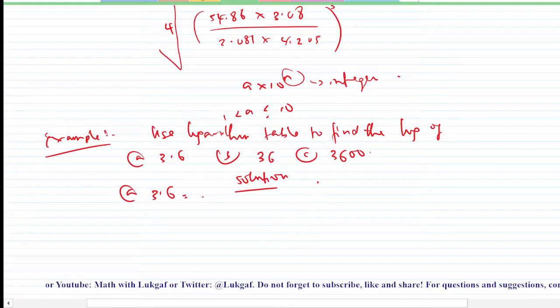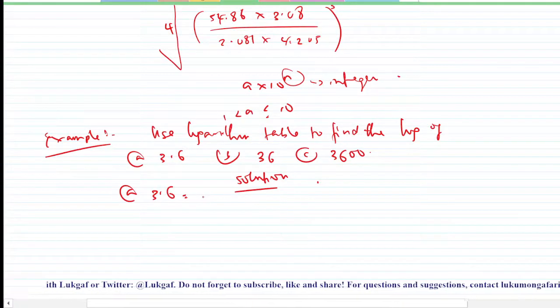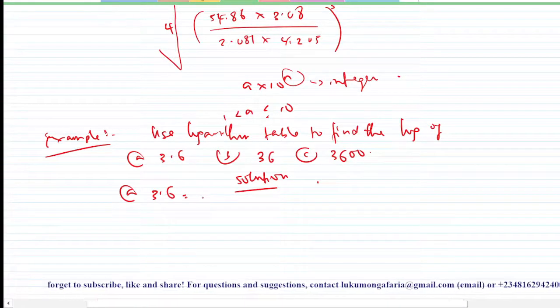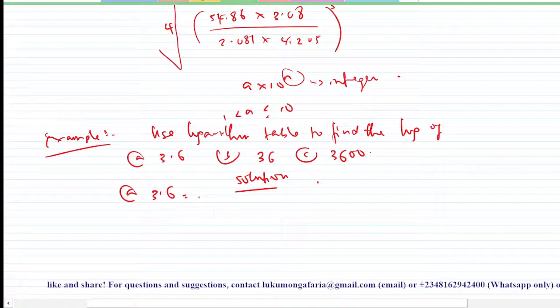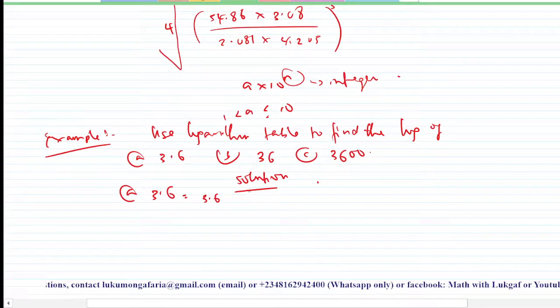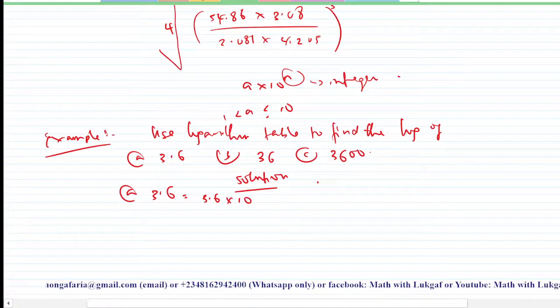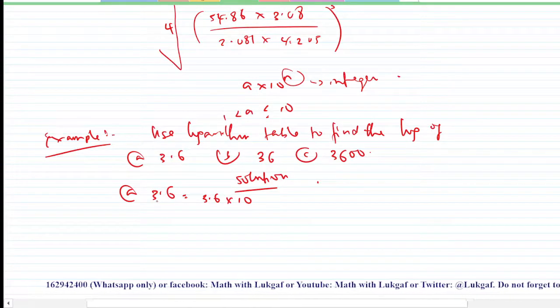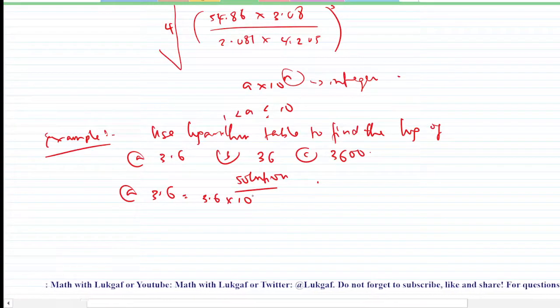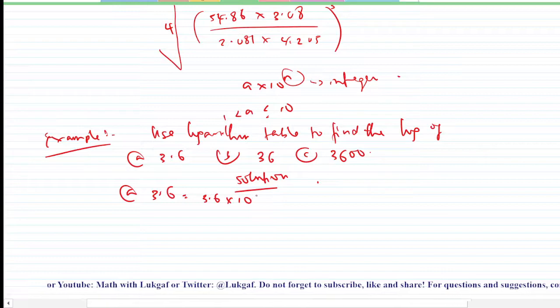Don't forget how you can convert a number to standard form. If you've forgotten, I refer you to my video on standard form. So this will be 3.6, then multiplied by 10 raised to power, I said you count the number of digits before the decimal point. We have one digit before the decimal point and you subtract one from it. So you have 1 minus 1, you have 0.